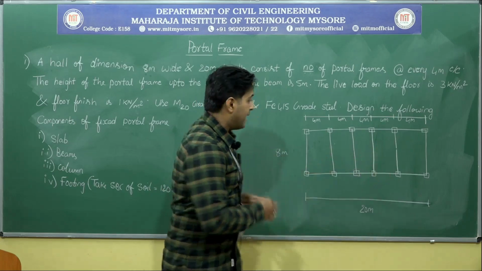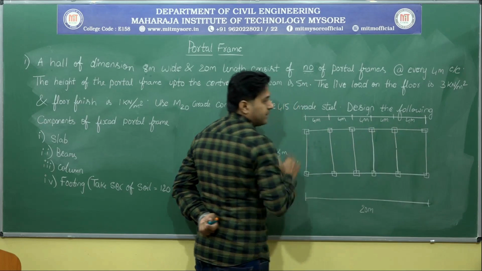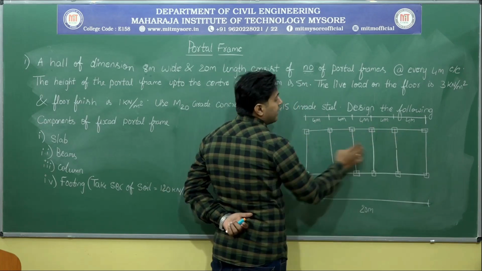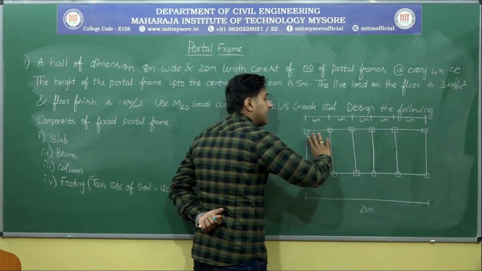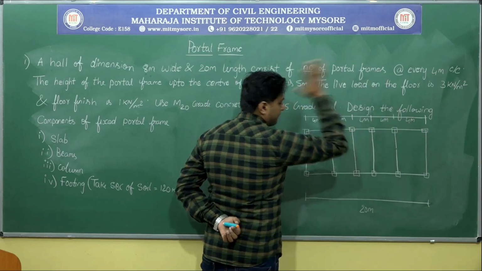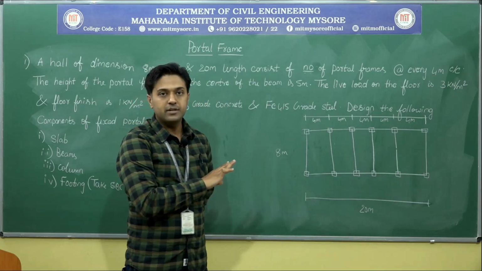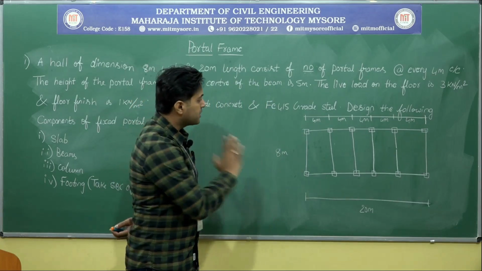Here there are many slabs at frequent intervals, so I need to design this as a one-way continuous slab. Any doubts here?